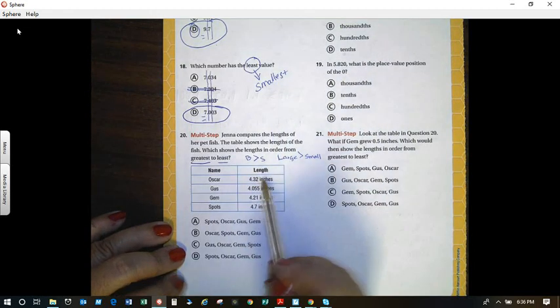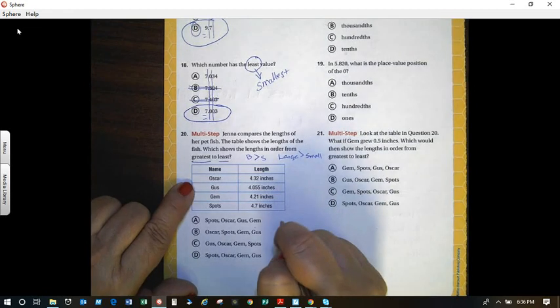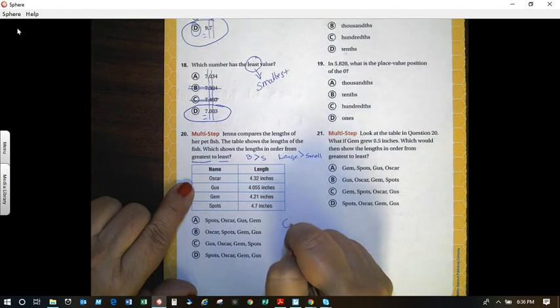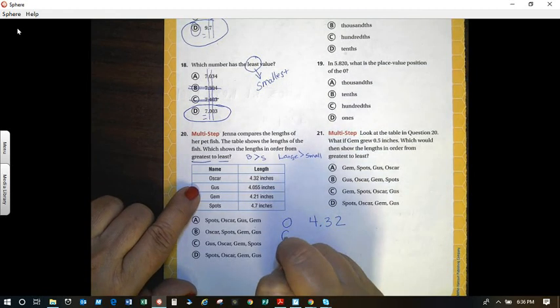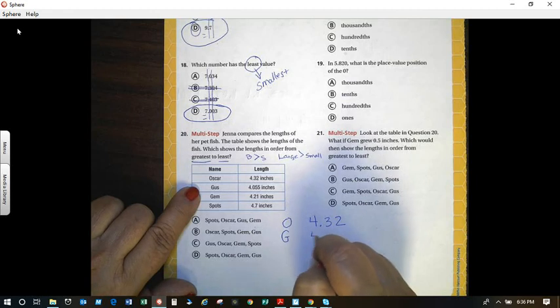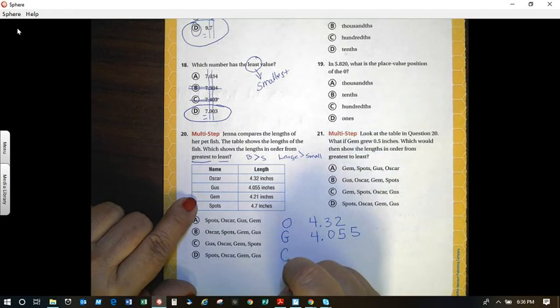All right, so again, I'm going to line up the digits. So I'm going to do O for Oscar, and he has 4 and 32 hundredths. G for Gus. If you want to write them out, that's fine too. And J for Jim.